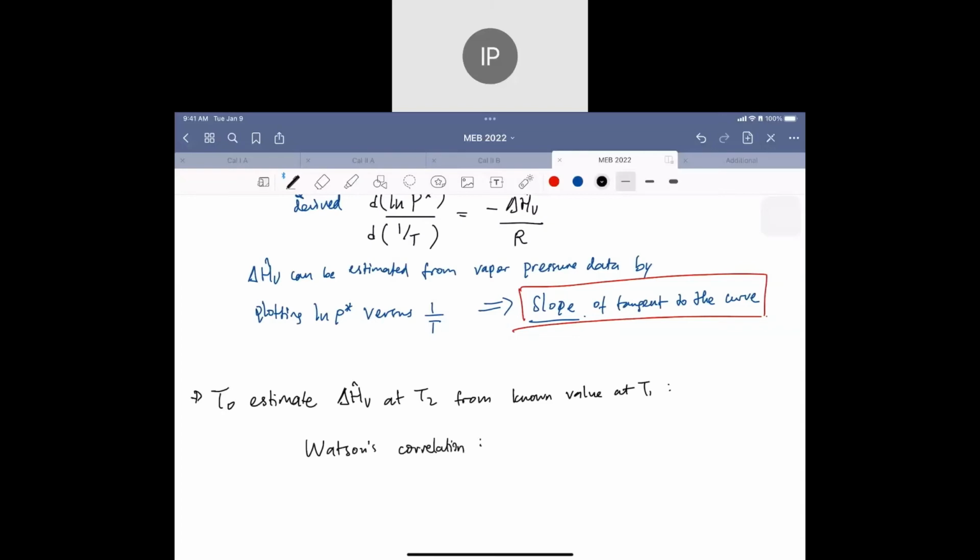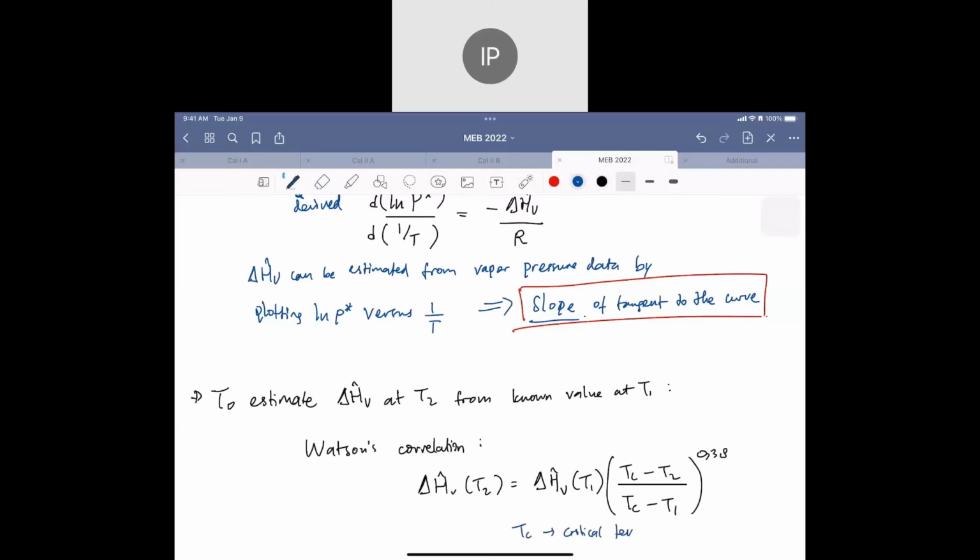This is delta H at T2, and then multiply with the ratio, where Tc is our critical temperature, as we discussed before.